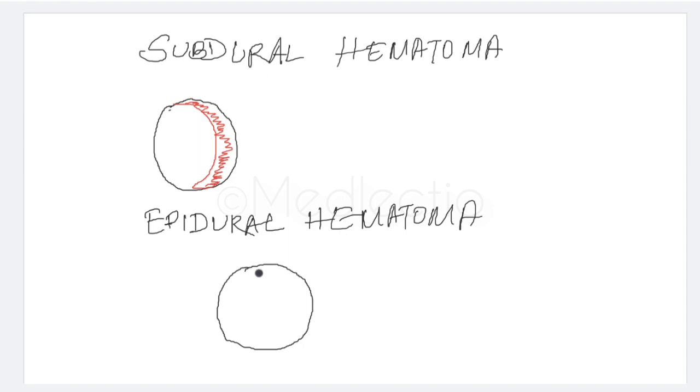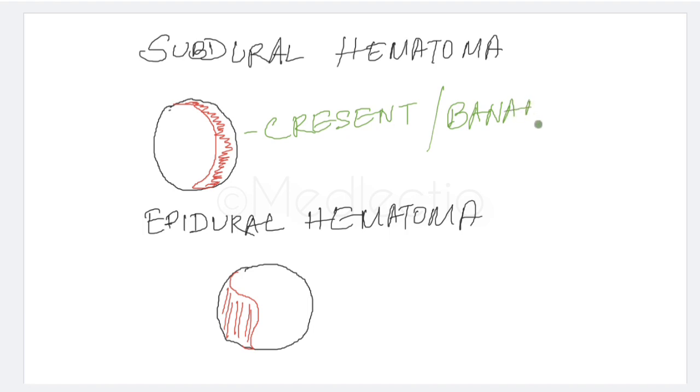The blood gets accumulated in the epidural space, so it will look something like this. As we said earlier, the subdural is crescent shape, or you can say banana shape. And here it is lemon shaped.